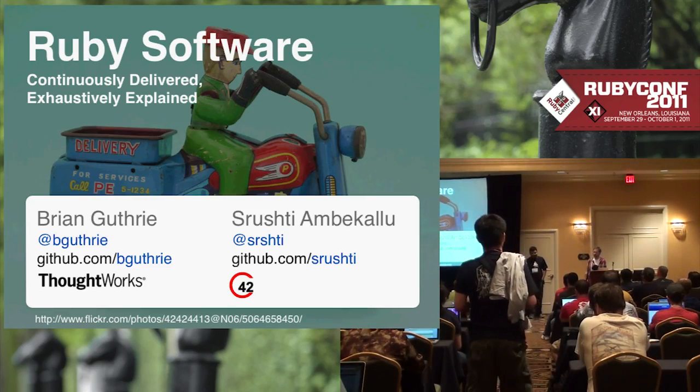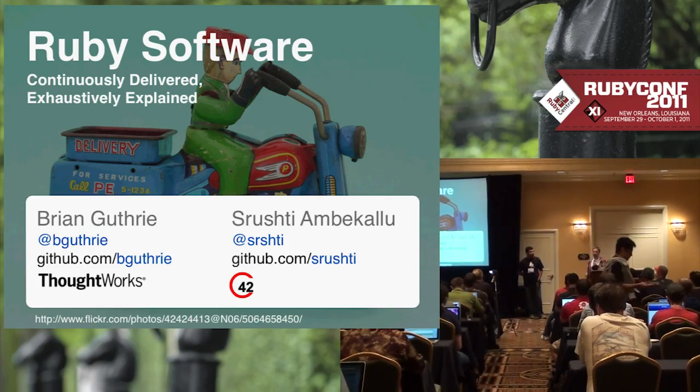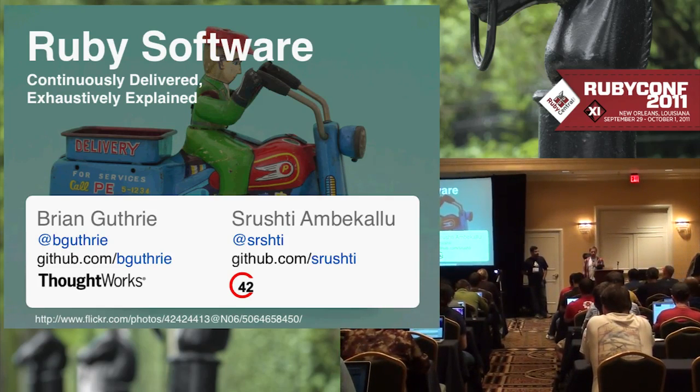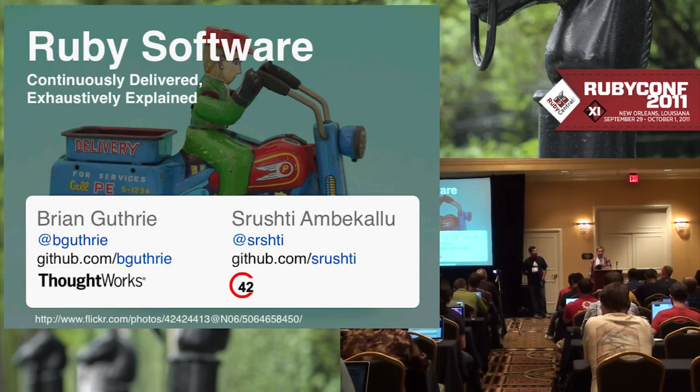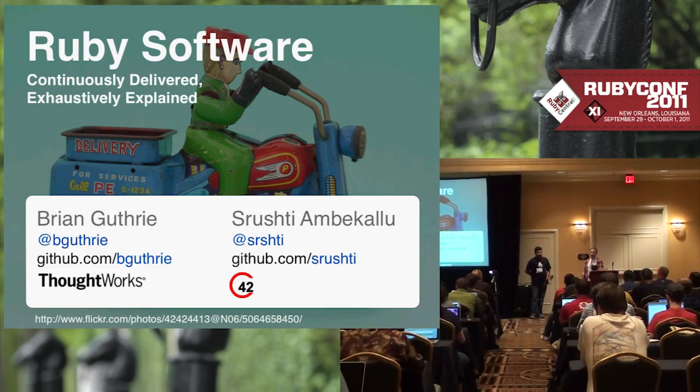So we're here today to talk about Ruby software continuously delivered and exhaustively explained. By exhaustively explained, we mean that we're going to try to cover as wide a base of what we think you need to know for an introduction to continuous delivery practices in Ruby as possible, but it's not going to cover everything. There are topics we're not going to touch on.